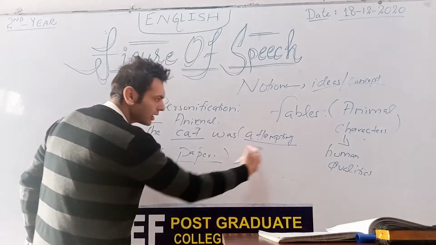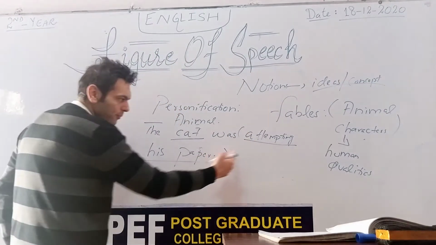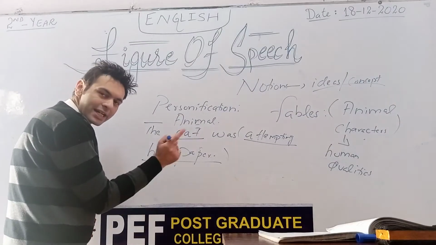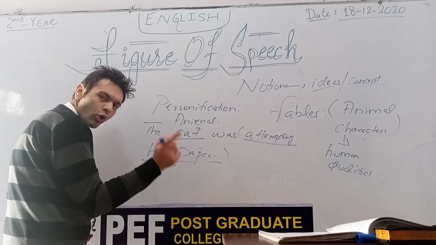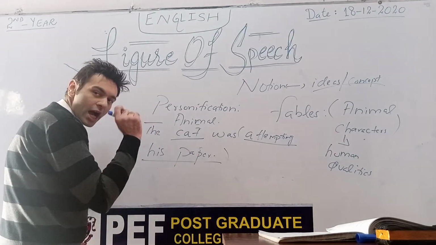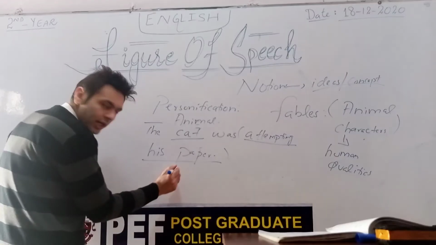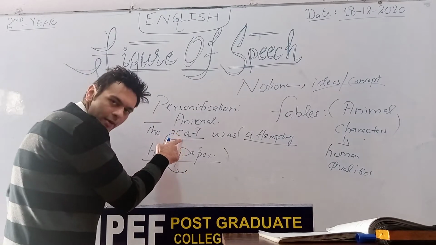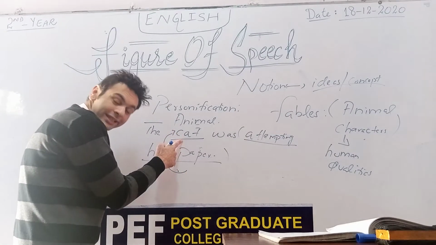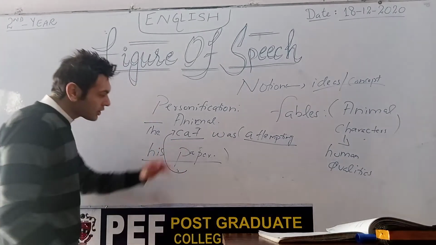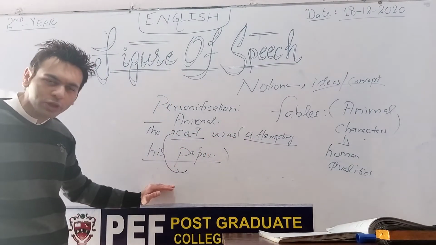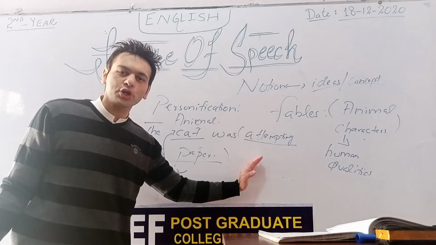Now this particular attempting his paper portion, this portion is actually a quality that can only be done, that can only be carried out by a human. But this particular characteristic has been given to something that is inhuman, that is an animal. तो एक जानवर को वो क्वालिटी दी जाती है जो कि इंसान को होती है, that is personification.